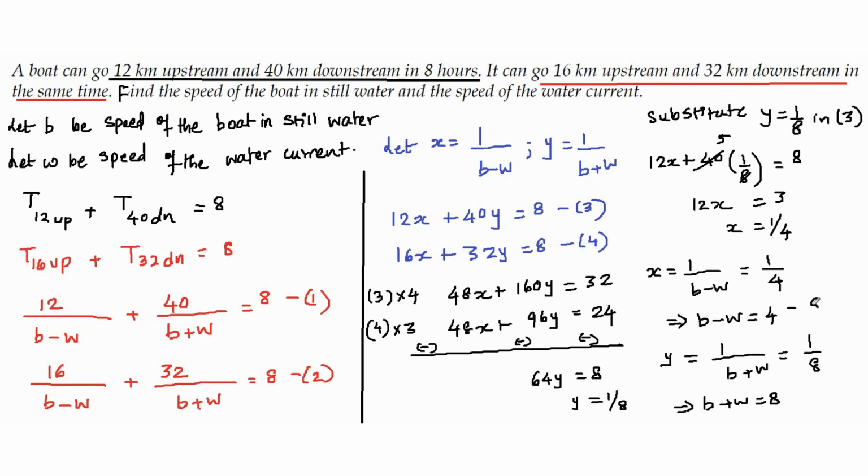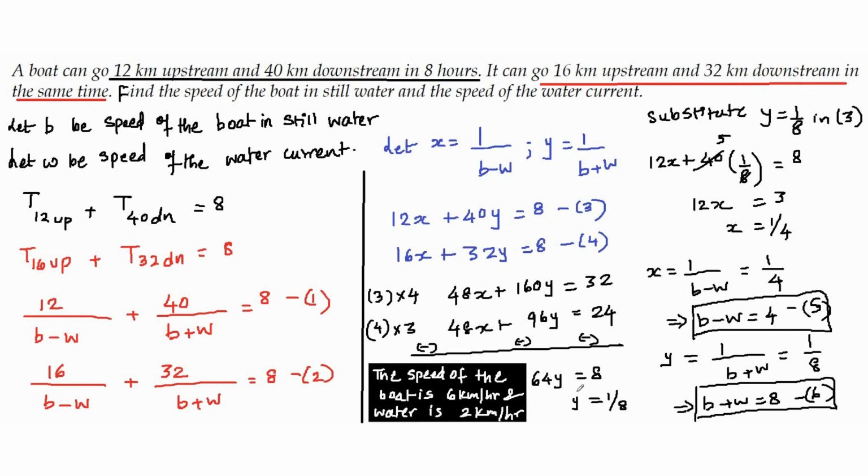So now I have equations 5 and 6, and from these two equations we can now definitely solve for b and w, right? So solving for b and w, you will get b equals 6 and w equals 2, and therefore the answer can be mentioned as follows. So the speed of the boat is 6 kilometers per hour in still water, and the speed of the water current is 2 kilometers per hour.